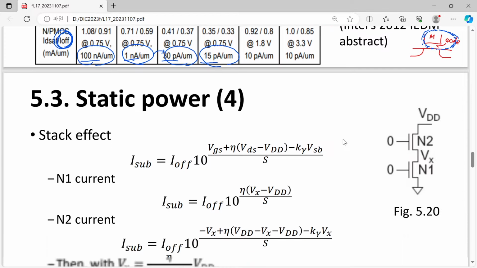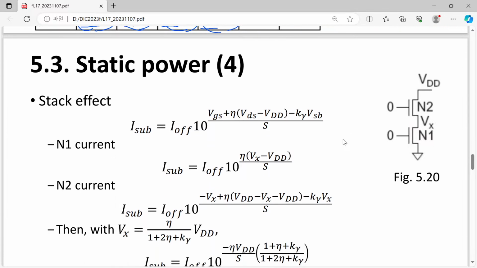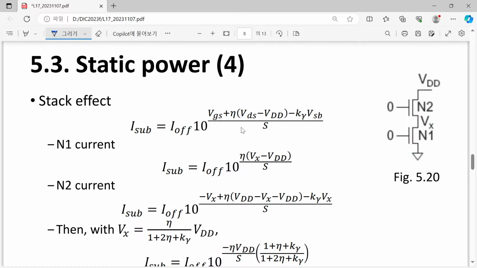Now, in this serially connected two N MOSFETs, each has its own body, of course, but it is assumed that their bodies are connected to the ground.